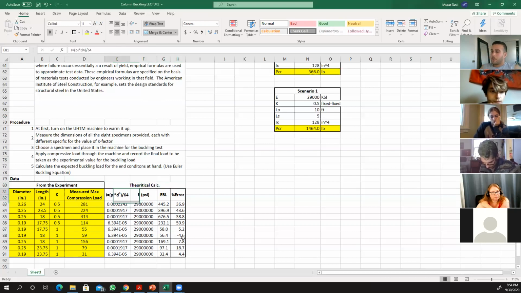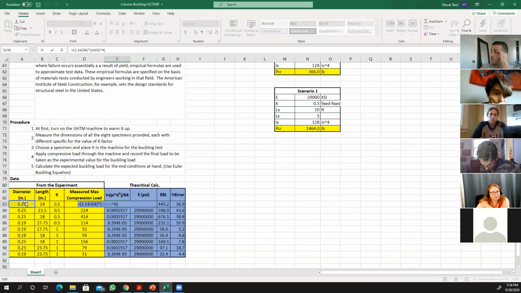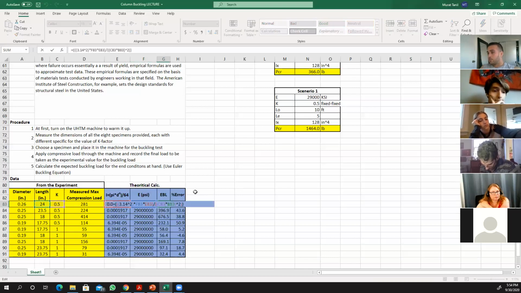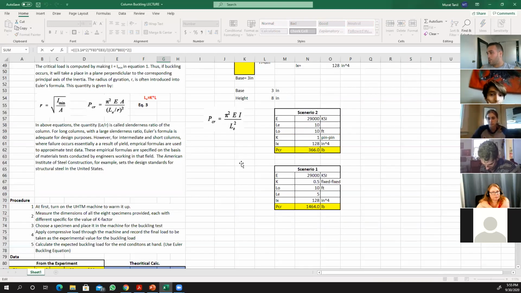Okay, these are different sections. Let's put this one as this. So E is constant, 29 million psi, and the moment of inertia is changing because the diameter is changing, and the E is constant. EBL, basically the same equation.